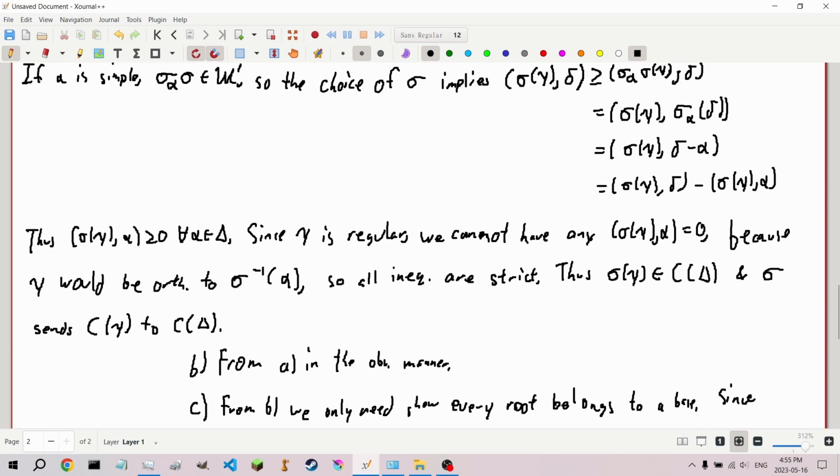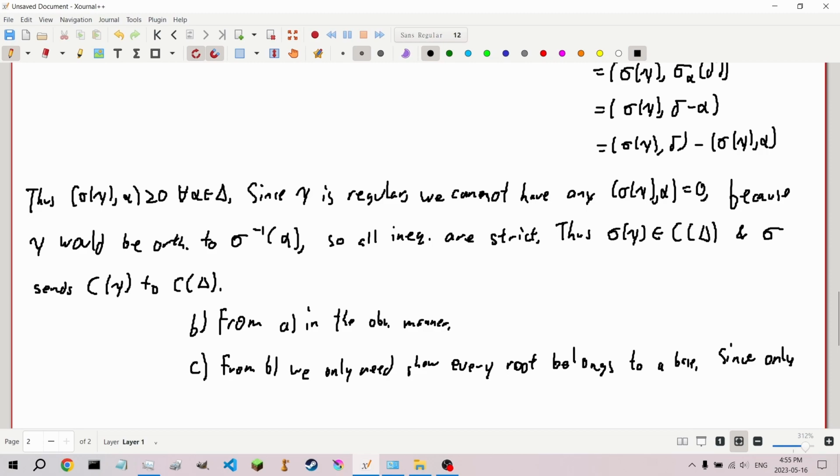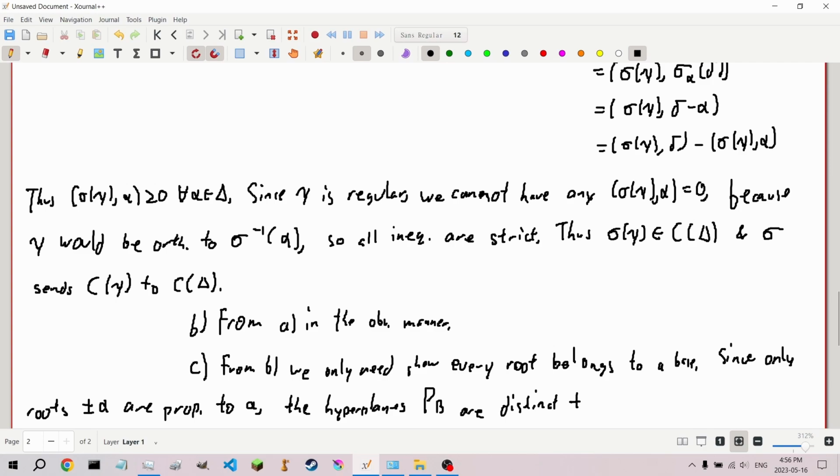Since the only roots proportional to α are plus or minus α, the hyperplanes P_β are distinct from P_α for β not equal to ±α.